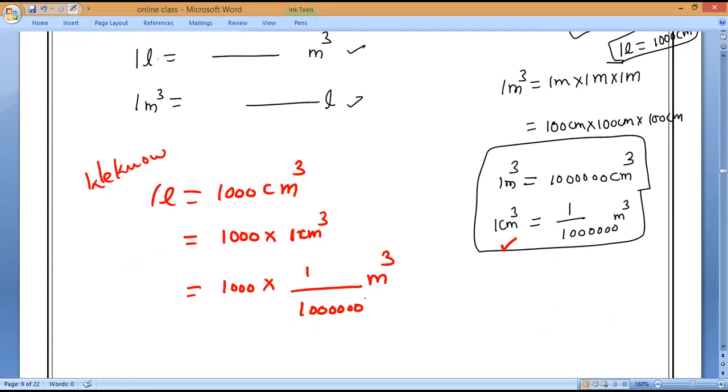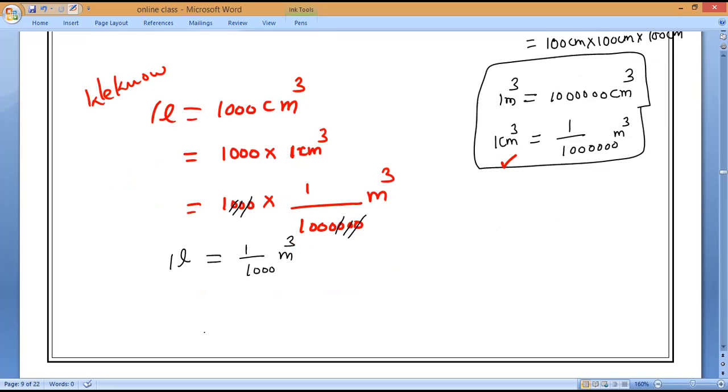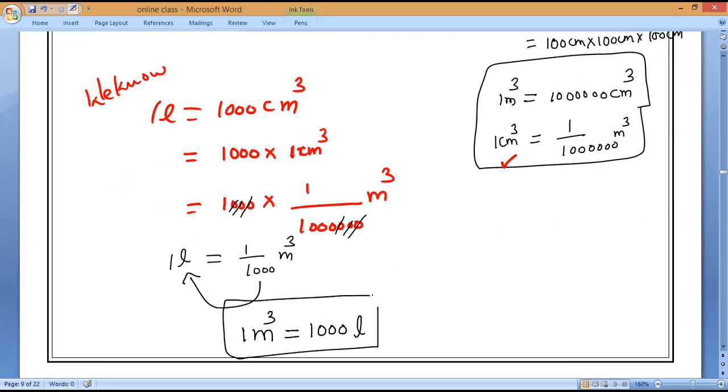So, three zeros will get cancelled, which is equal to 1 by 1000 cubic meter is equal to 1 liter. Now we want cubic meter, so 1000 in division will come this side as multiplication. So 1 cubic meter is equal to how many liters, guys? 1000 liter.